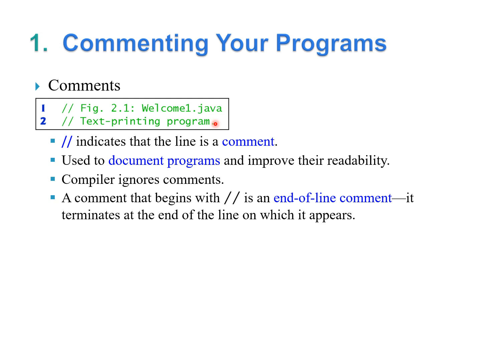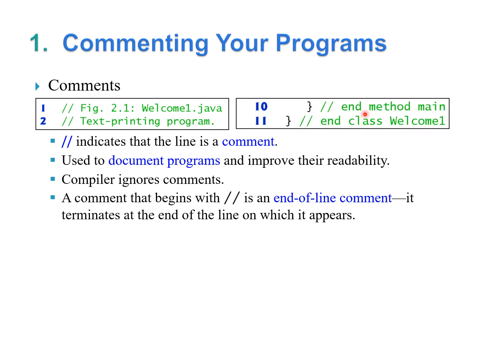An end of line comment doesn't need to be placed in a separate line as in line 1 and line 2 of the Welcome One Java program. It can be placed at the end of any line of code, such as the comments in line 10 and line 11 of the Welcome One Java program, which are the last two lines of the program.